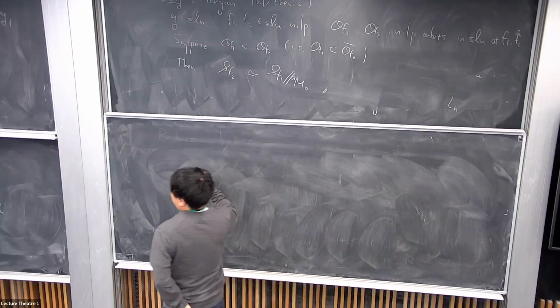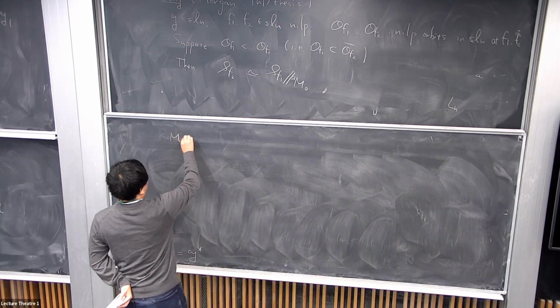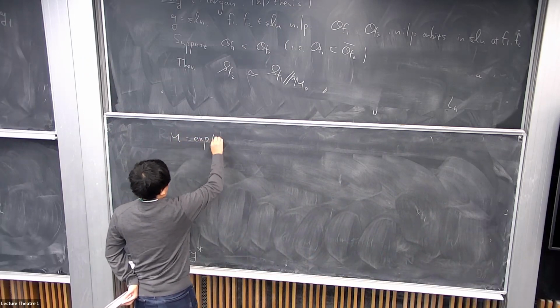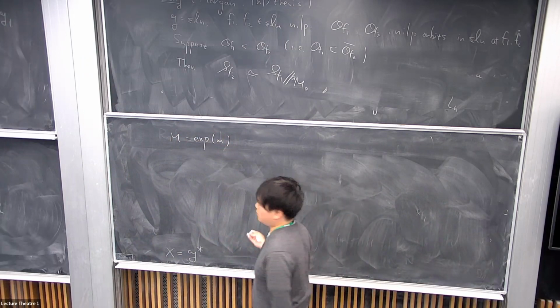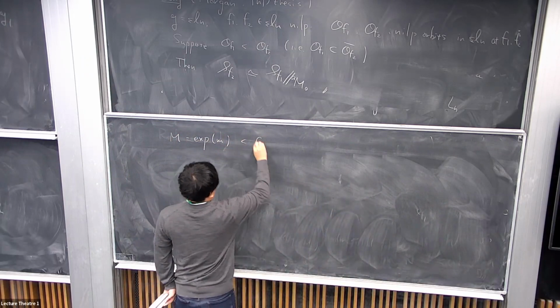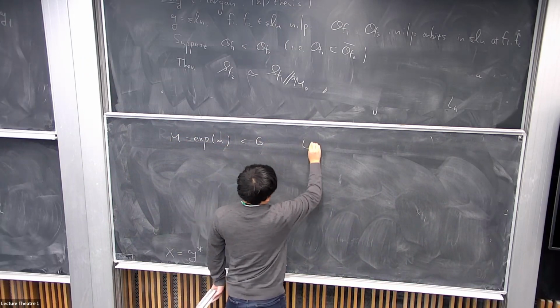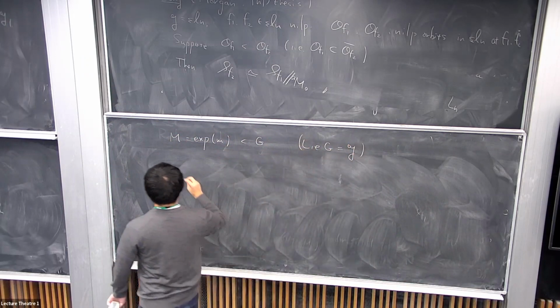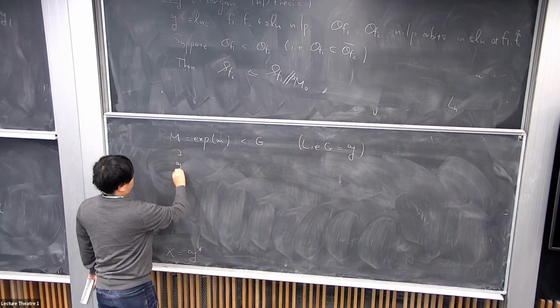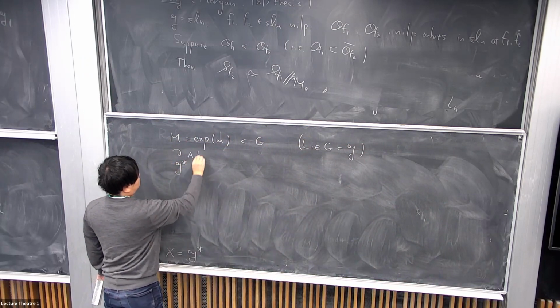Now, as I said, we consider m. Small m is a nilpotent subalgebra, so we can think of the exponential, which is an algebraic group M in G. We think of the Hamiltonian action on G star.